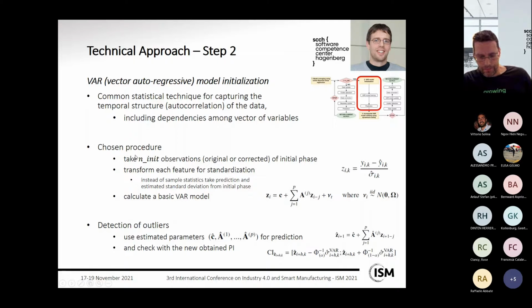And maybe important to mention what was decisive here was that before the model training is conducted, the input data is standardized. But instead of using the usual sample statistics like sample mean or sample standard deviation, we used estimations from the Bayesian regression in the step before.